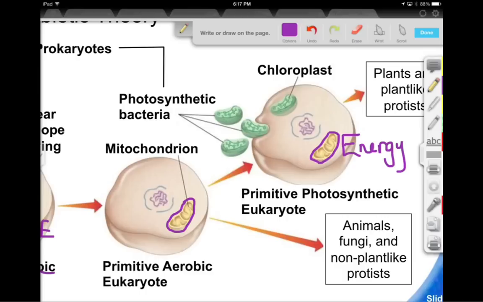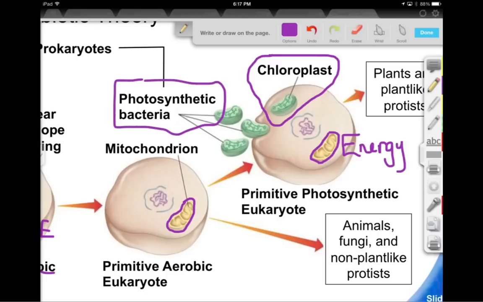When you look at a chloroplast, see those green bacteria right there? In fact, when we look at a chloroplast, it is trapped photosynthetic bacteria. It's the same thing. It's got its own DNA. It resembles other bacteria that photosynthesize, and it's highly efficient at what it does. So here you go, photosynthetic bacteria.